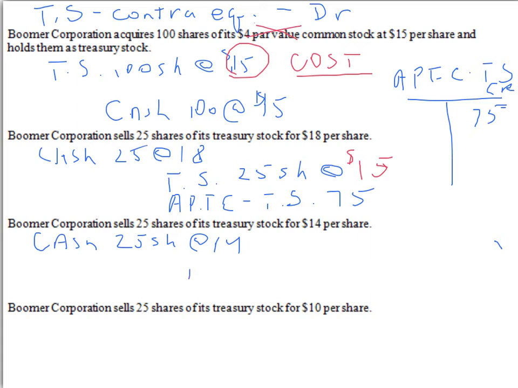Now, if you look at the treasury stock that we sold back, 25 shares, okay? Now keep in mind again, I'm sticking to that cost, and it's $15 a share. Please remember that cost that we've used before.